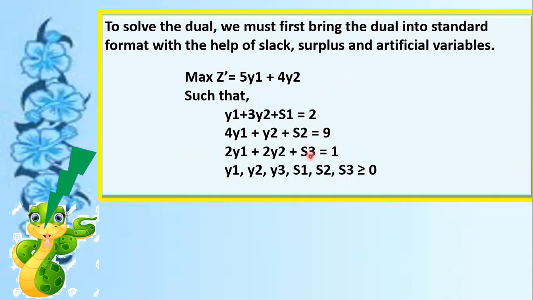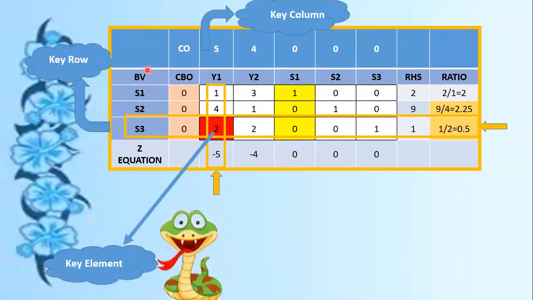So the basic variables in the first iteration will be S1, S2, S3, which contribute to a unit matrix, and the coefficients are 0, 0, 0 in the objective function. So variables in this problem are y1, y2, s1, s2, s3.